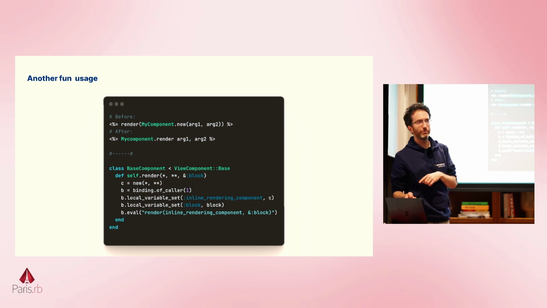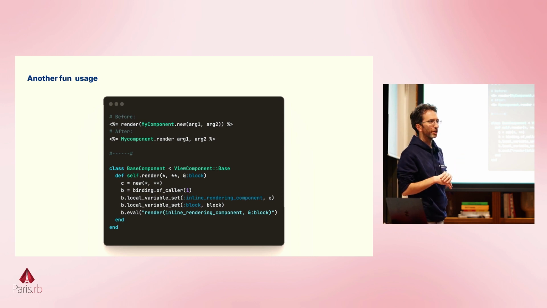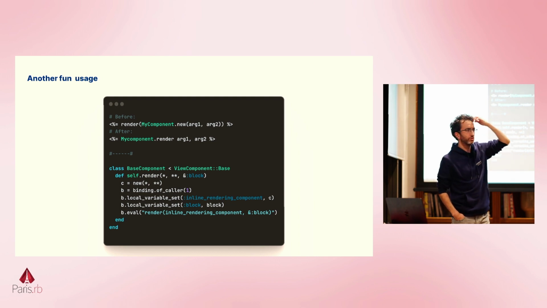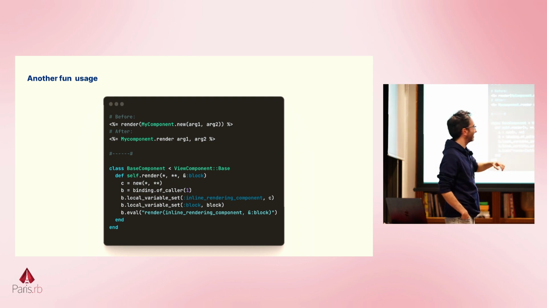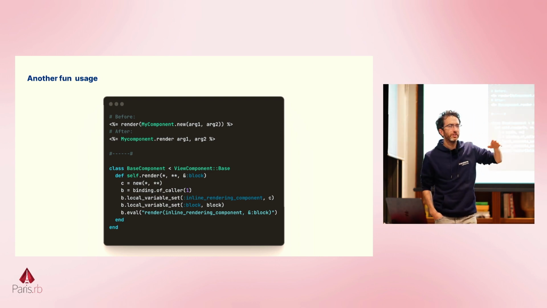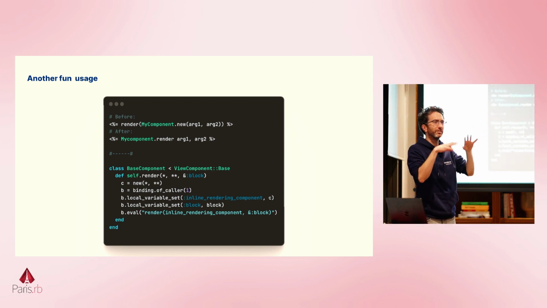Another fun usage of binding_of_caller, no, it's not related to Order Cop, is, for example, in ViewComponent, which is a gem to create view components in Rails. Many people don't like the syntax that is render Component.new with arguments. A lot of developers try to add some syntactic sugar around it, but with many pitfalls like not supporting namespaces or things like that.